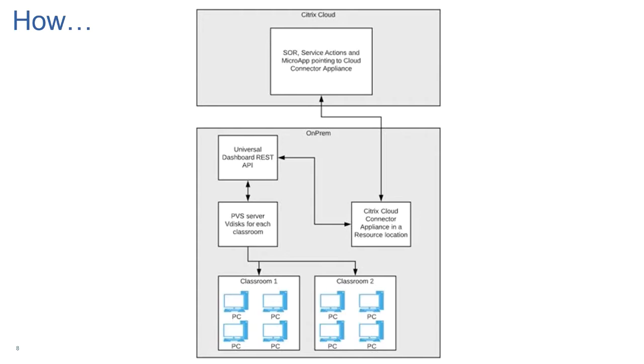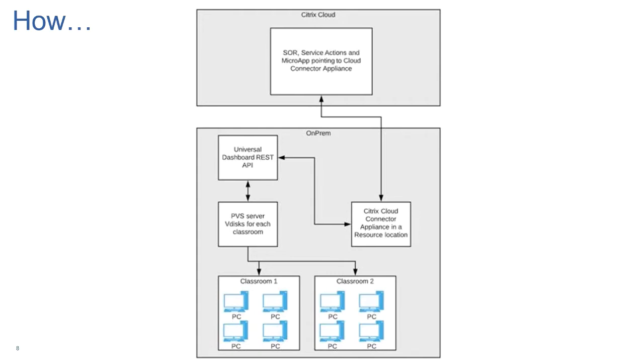When a call is made from the integration towards the system of record, the actual HTTP call is sent from the connector appliance on-prem. In this example, the connector appliance is connecting to a REST API created with a PowerShell module called Universal Dashboard.